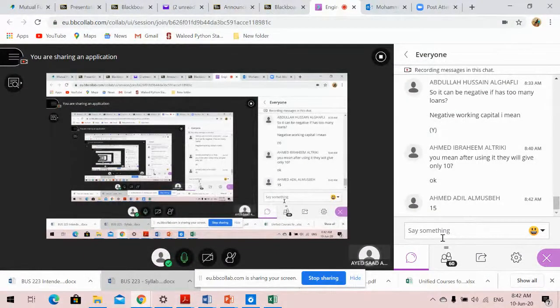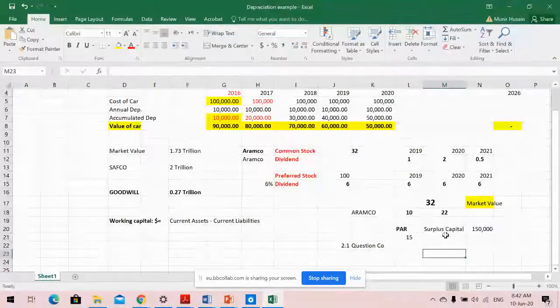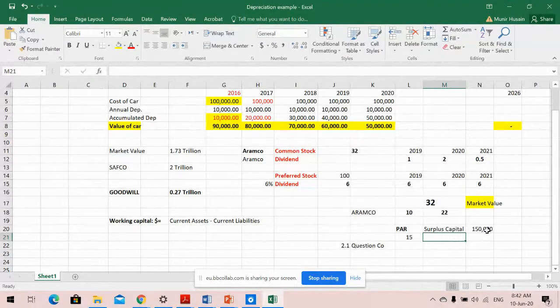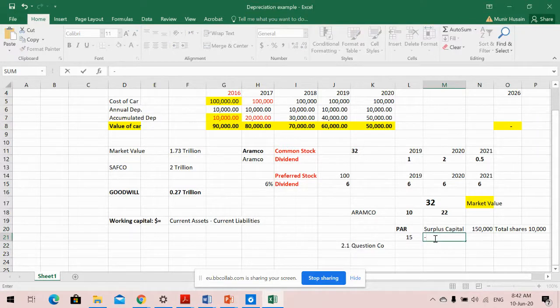Are you listening to me? Yes, Ahmed, 15. Yes, it is 15, right? How do we calculate 15? 150,000 divided by total shares, which are 10,000, and it is 15, right?